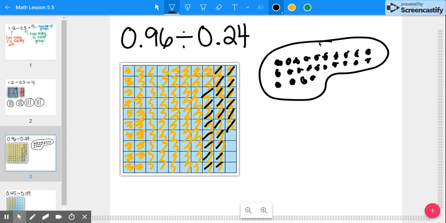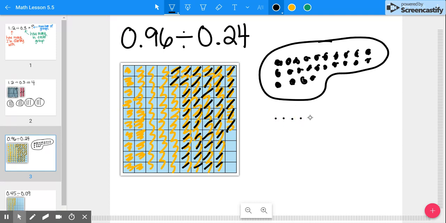Now I need to do it again. Count to 24 hundredths, and I cross them off. So I'm going to do the same thing, now that I know I have another group.